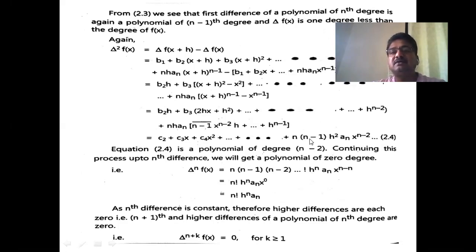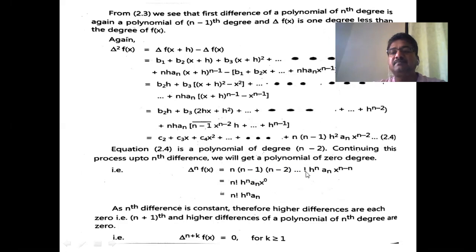What is the coefficient of the last term of delta square? Is n minus 1, that is reduced by 1. So if we find delta raised to n, what is the last term? n minus 1, that is 1, and the previous term is 2. That is this n minus 1, n minus 2 goes up to 1, and that is n factorial.